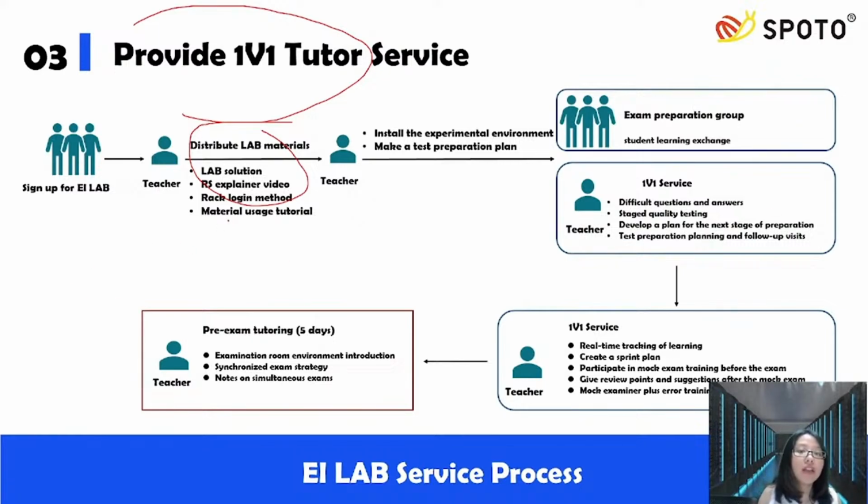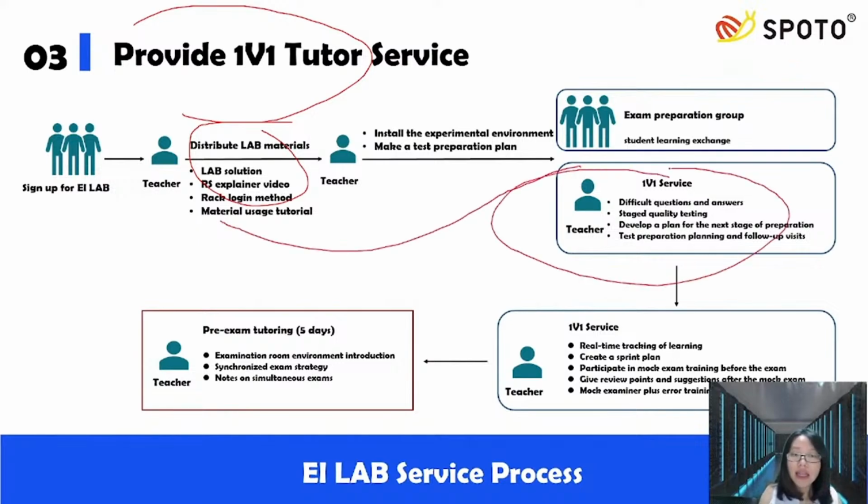If you encounter any problems, we will help you to solve them. And we will provide workbook solution. So we will arrange for you to test the quality of practice at each stage to confirm whether you meet test standards. Also, we will arrange a sprint plan for you, matters needing attention in the exam. Okay, so we will make sure you pass the CCIE EI exam in one time.